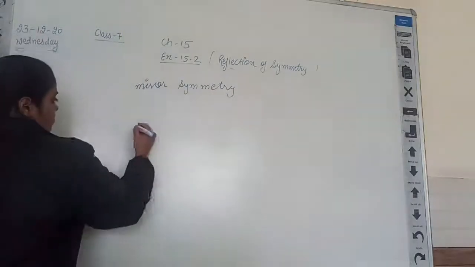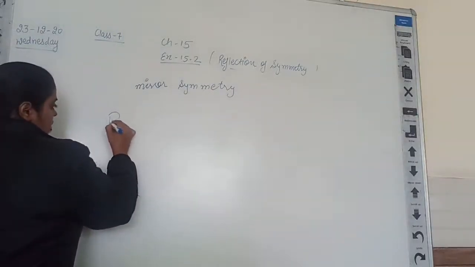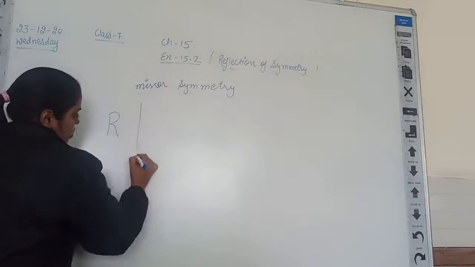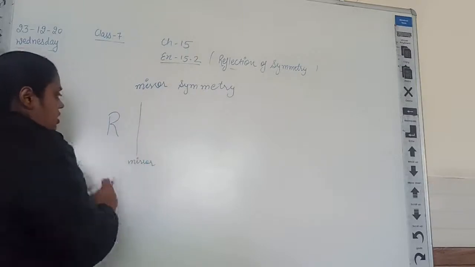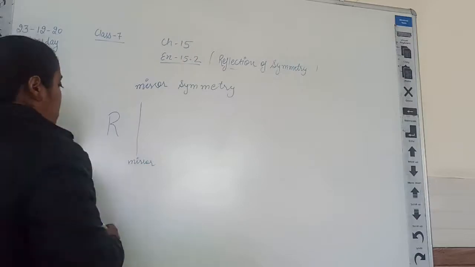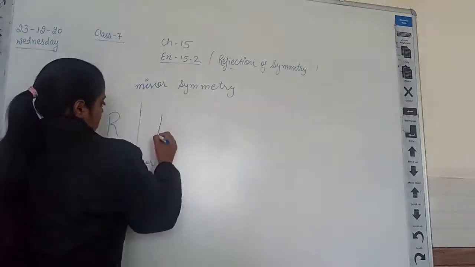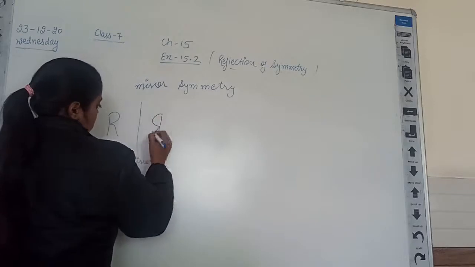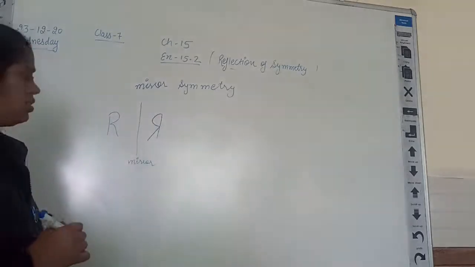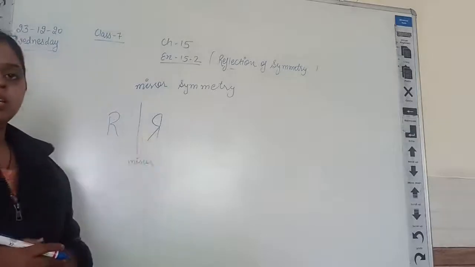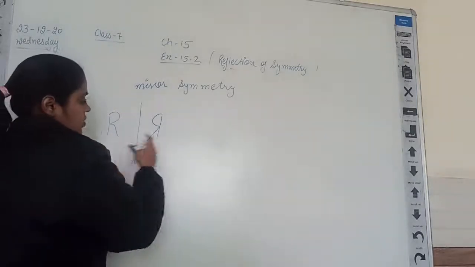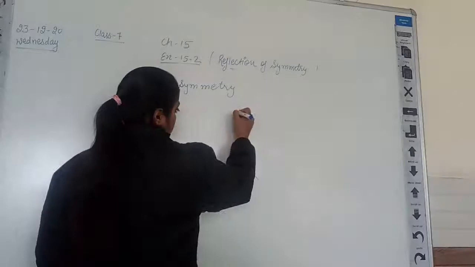Now, how will you see the objects? Like here, I am writing R and this one is the mirror. When you see this alphabet R in the mirror, it will look like this, right? So this we call the mirror image of the alphabet R. Now this is vertical, come to horizontal.